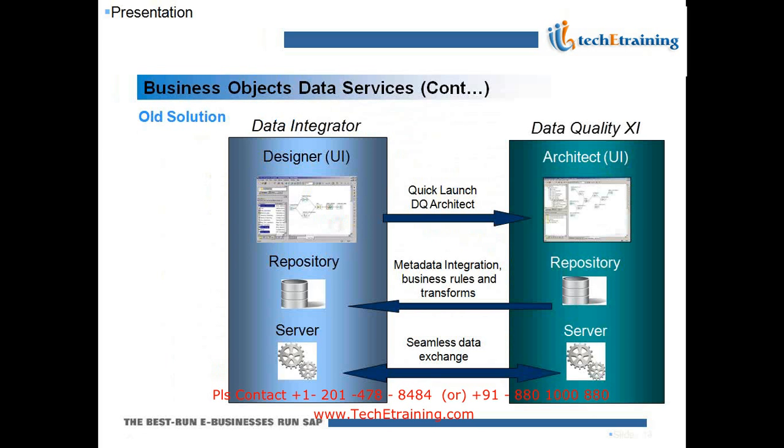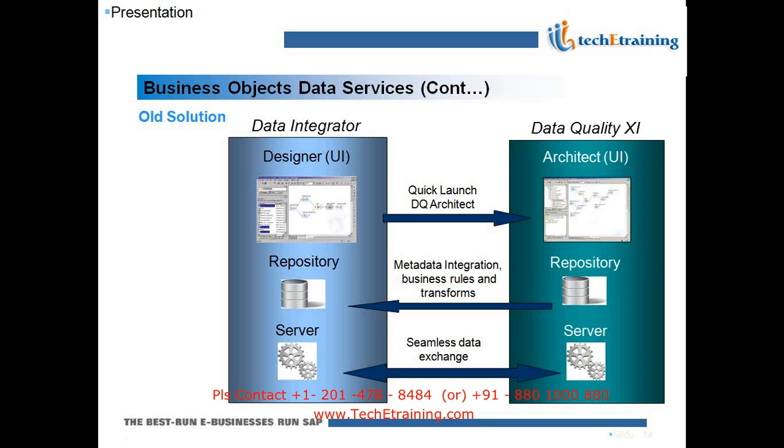But what they did was they said, why can't we have both of these on the same platform? Why should we have two different tools for it? So they combined both of these servers, both of these repositories, and both of these interfaces. Now you have one server, one repository, and one interface for both Data Integrator and Data Quality.